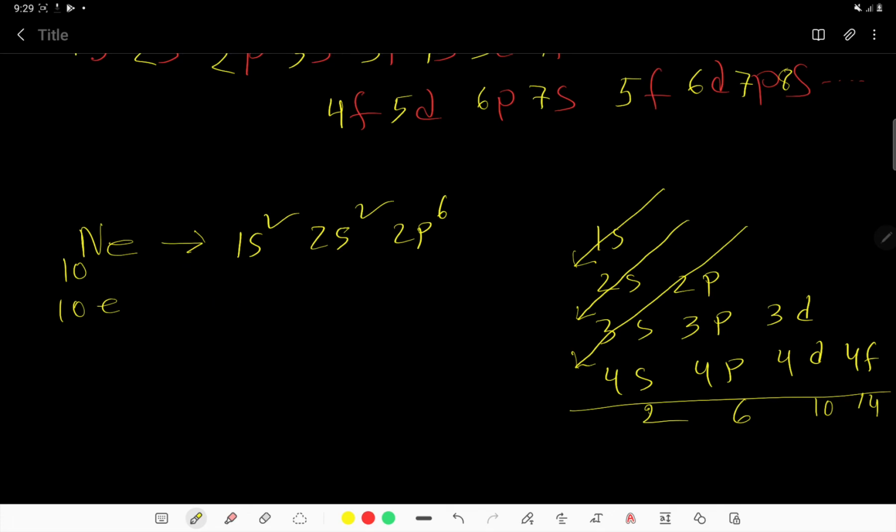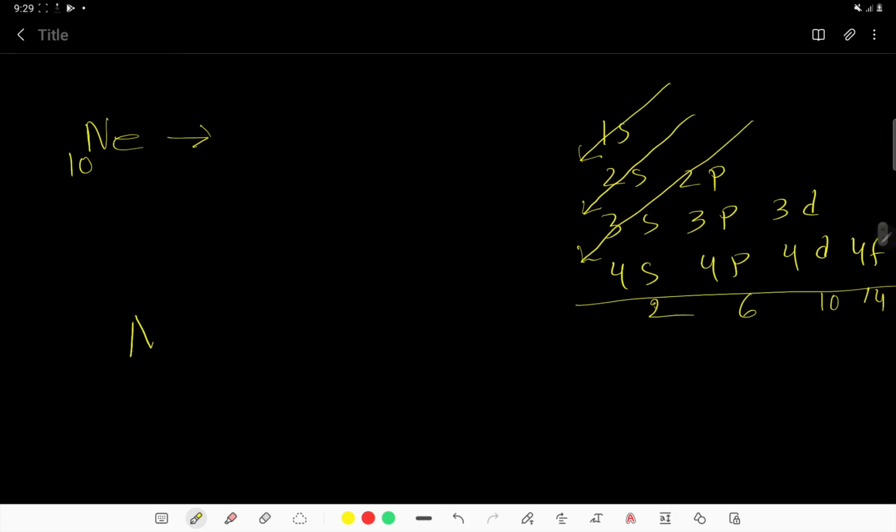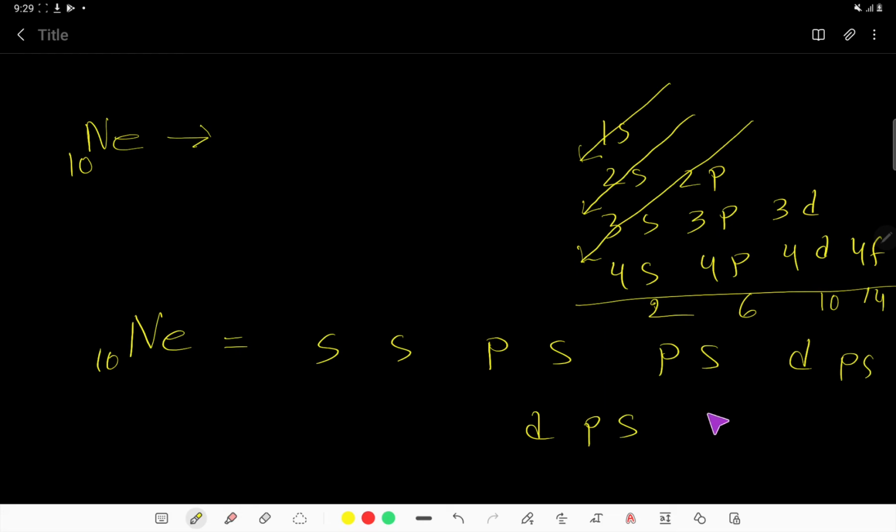Okay, now we'll do the electron configuration of neon like this. Neon 10. So we know that SS, PS, PS, then DPS, DPS, FDPS.